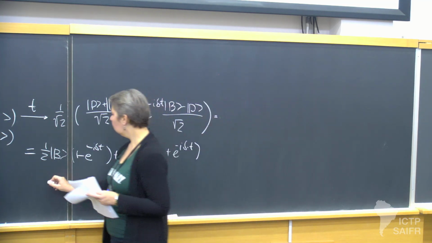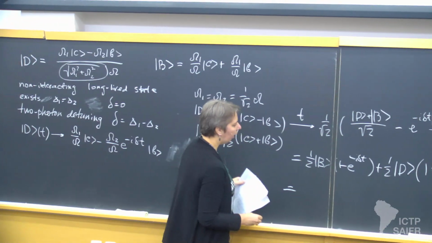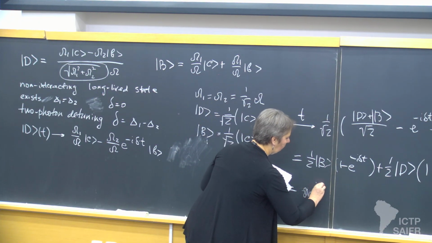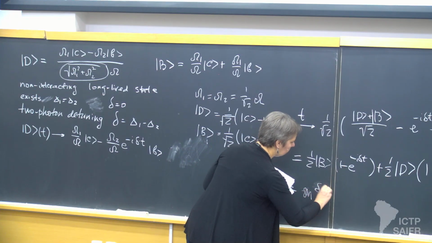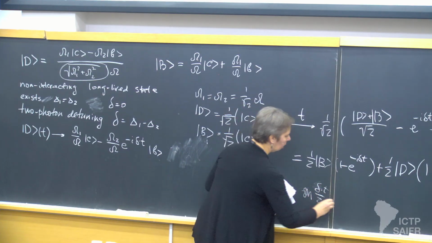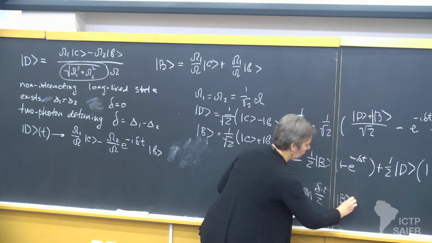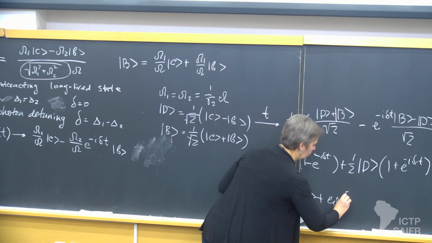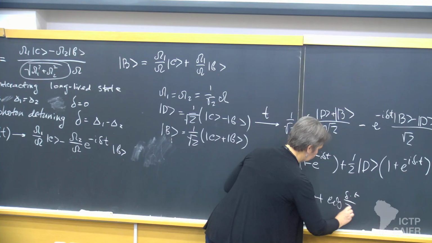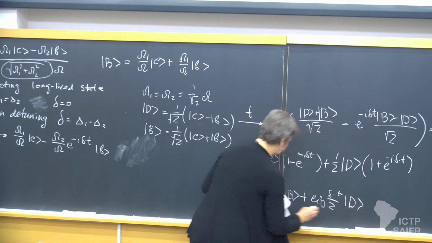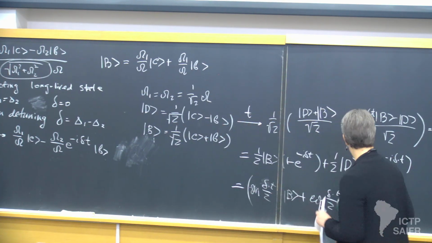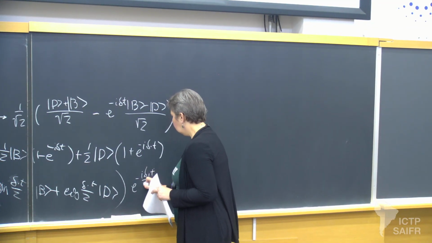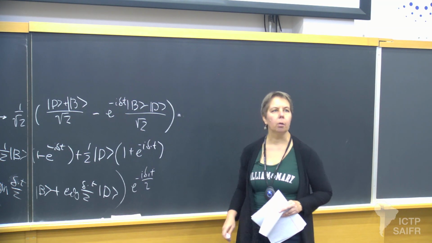And therefore, if we combine it together, it's going to be sine of delta t over 2 times the bright state plus cosine of delta t over 2 times the dark state. And then, of course, there will be a common phase factor e to the minus i delta t over 2. But we don't care about common phase factors.